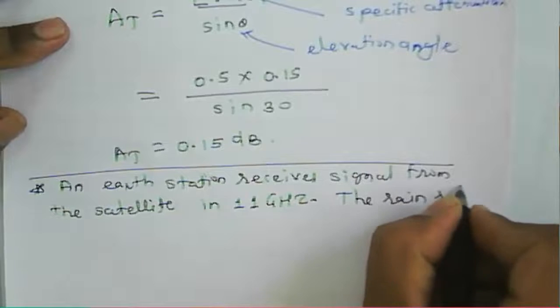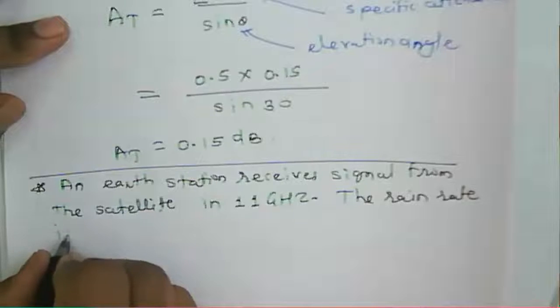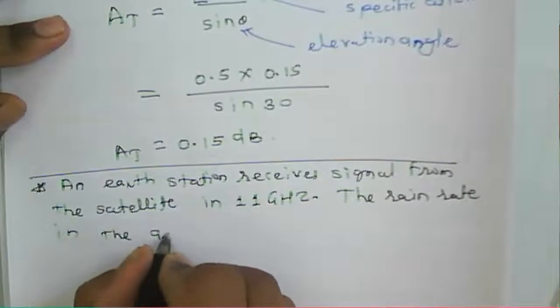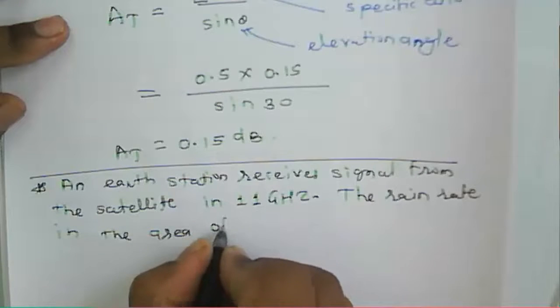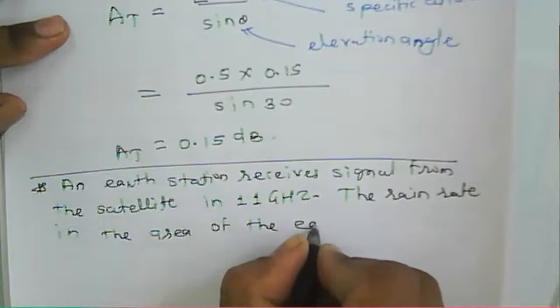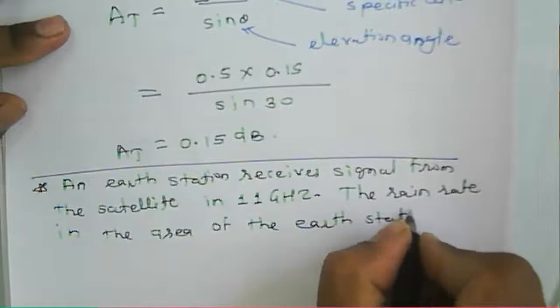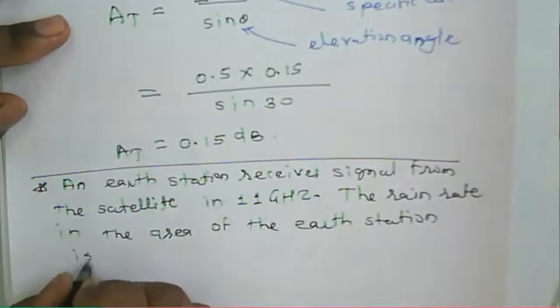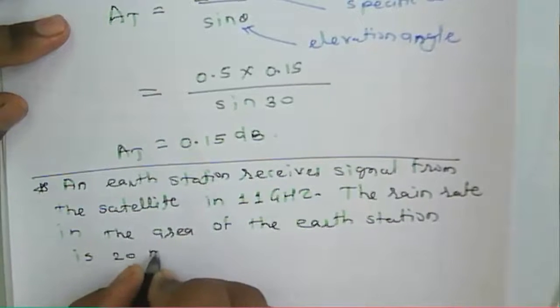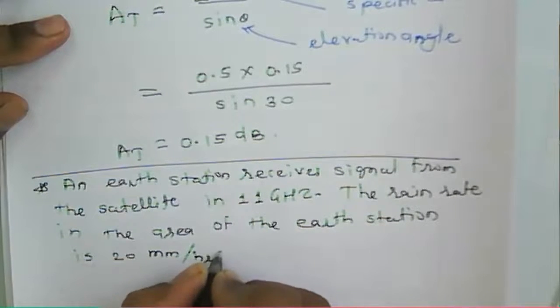The rain rate in the area of the earth station is 20 mm per hour.